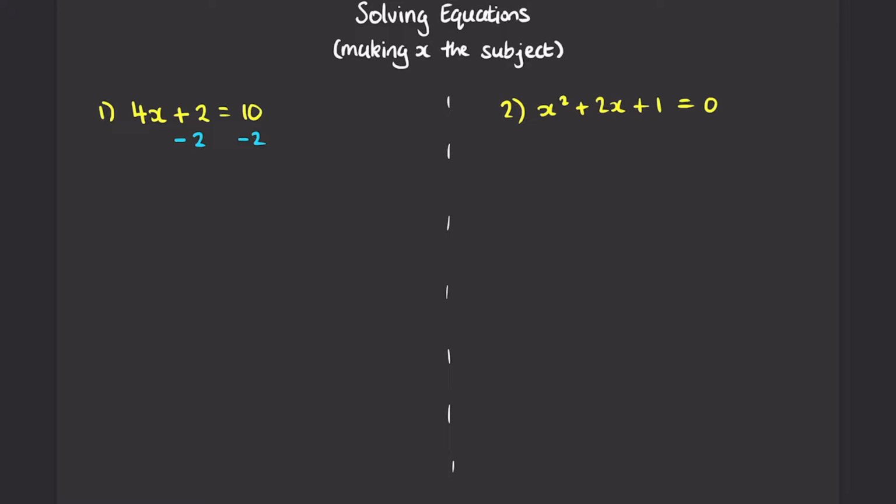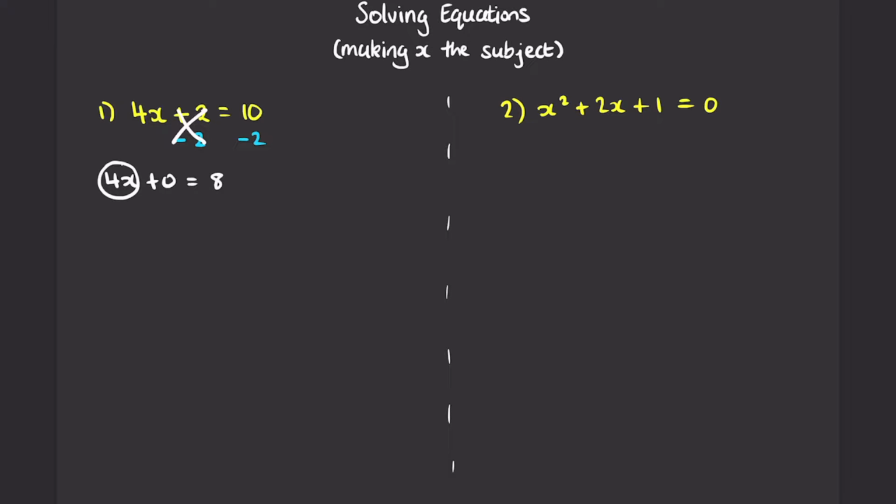Once we've done that, you get 4x, because that's unaffected, and then plus 2 and minus 2 eliminate each other, so we get plus 0. On the right-hand side, we get 10 subtract 2, which equals 8. Now that we have the 2's eliminated, how will we get x by itself?